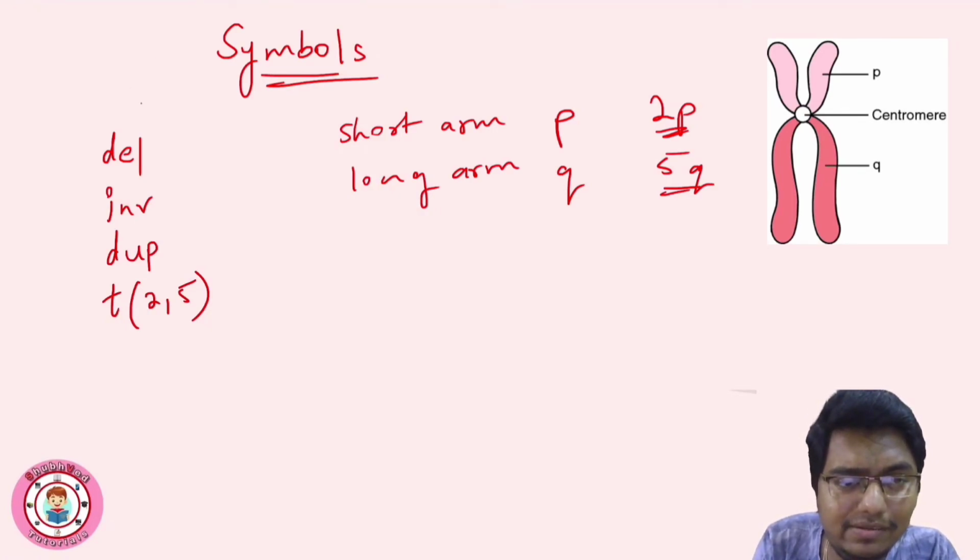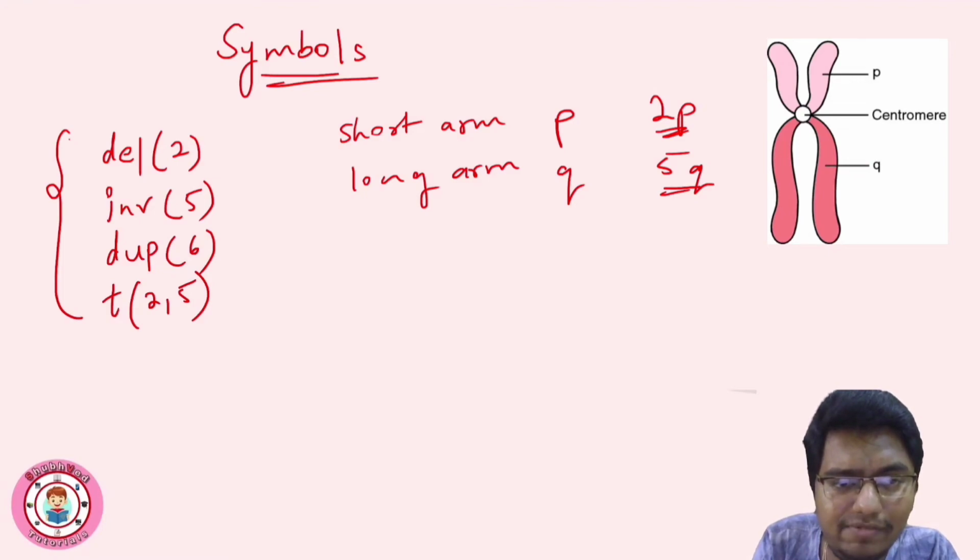Deletion in chromosome 2, inversion in chromosome 5, duplication in chromosome 6, if we want to specify the chromosome number. These are basically studied in diseases according to the phenotype we see.